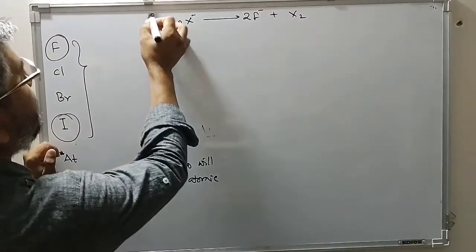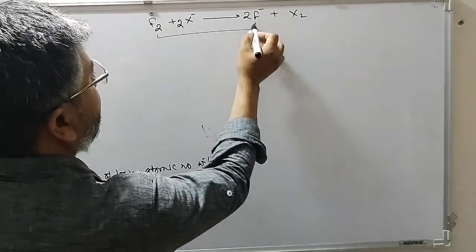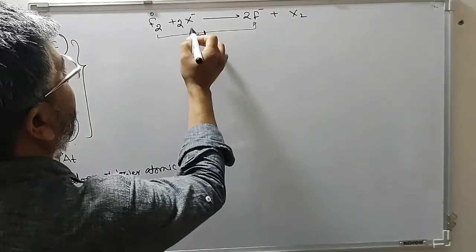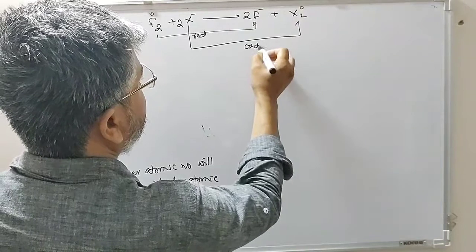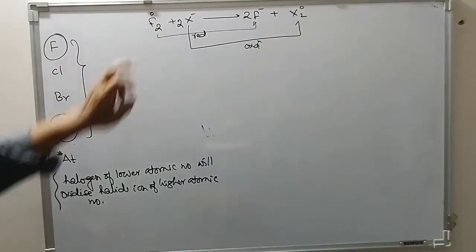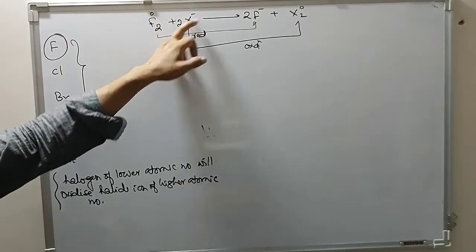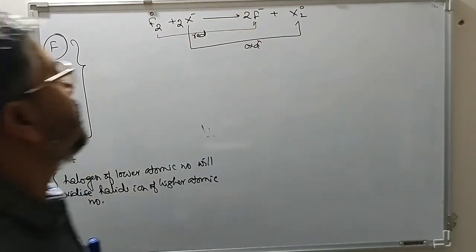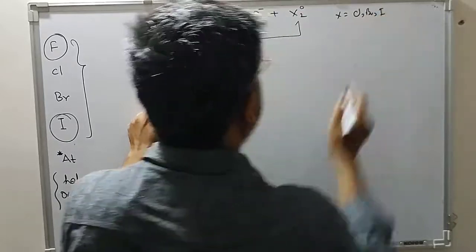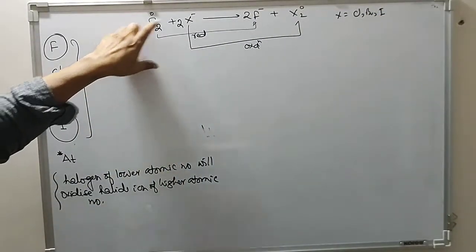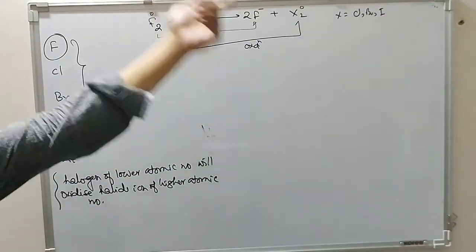Fluorine changes from 0 to -1, that is reduction, and X minus changes from -1 to 0, that is oxidation. So fluorine is the oxidizing agent and oxidizes X minus to give X2. Here X could be Cl, Br, or I. So fluorine oxidizes chloride ion, bromide ion, or iodide ion.